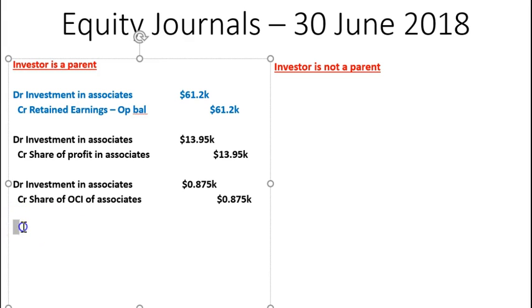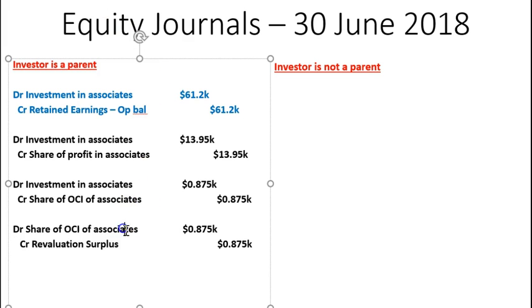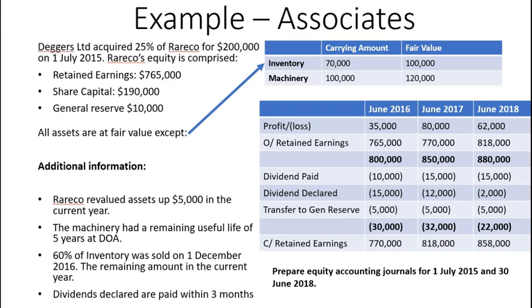Now with that treatment for that OCI amount, we need to move it from the OCI recognition account to the revaluation surplus. The reason is because we know, if we look back at the question, that this OCI amount came from a revaluation of assets.